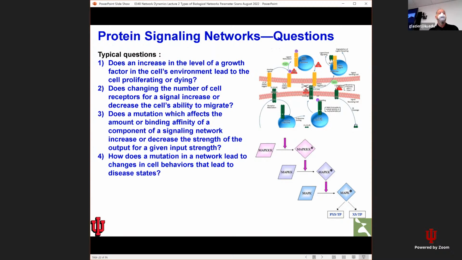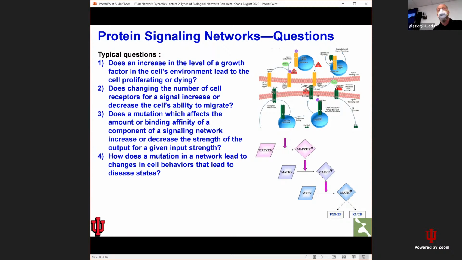If I increase the level of growth factor in the environment, does the cell grow and divide, or does it die? It turns out growth factors can do both things. Even the same growth factor on the same cell type could do both things under different contexts. If I increase or decrease the number of receptors on a cell for a particular molecule, does the cell increase or decrease its rate of migration in response to a chemical in the environment?